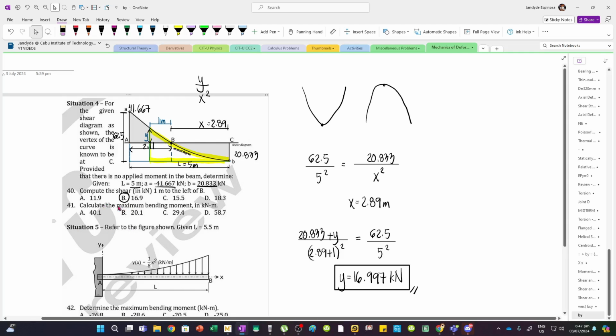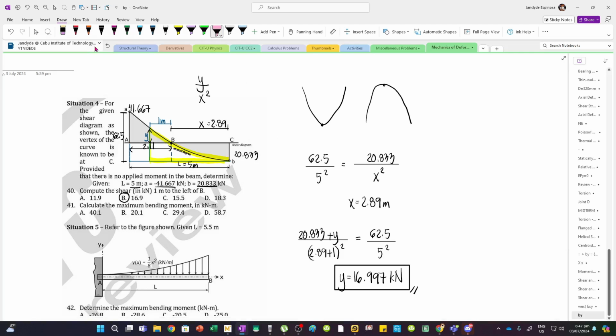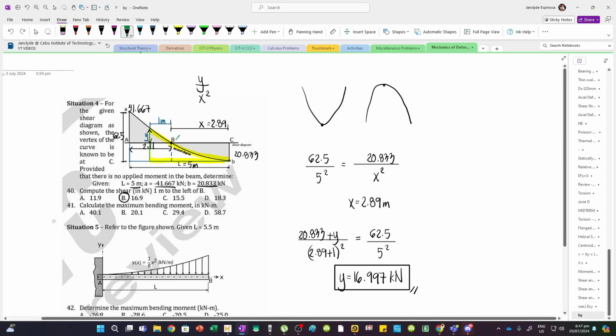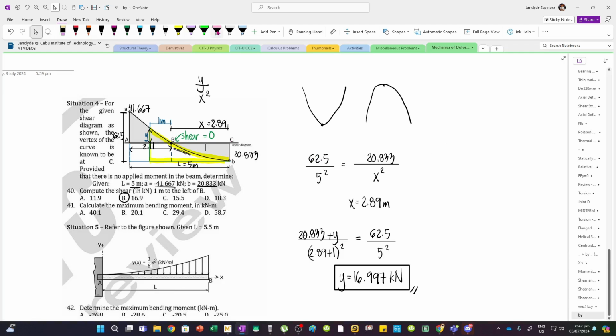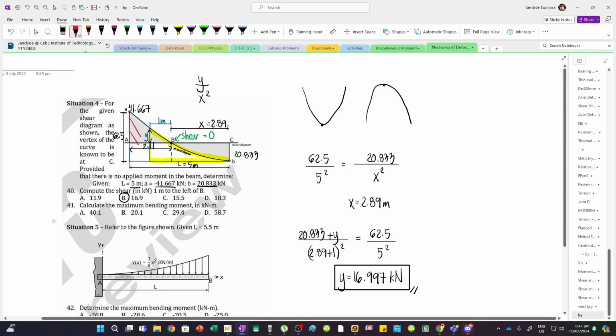Now how about the maximum bending moment? For the maximum bending moment, we know that the moment is maximum when the shear is 0. Here, at this point, at B, the shear is essentially 0. To compute the maximum moment, we need this area, this one. How are we going to compute this area?